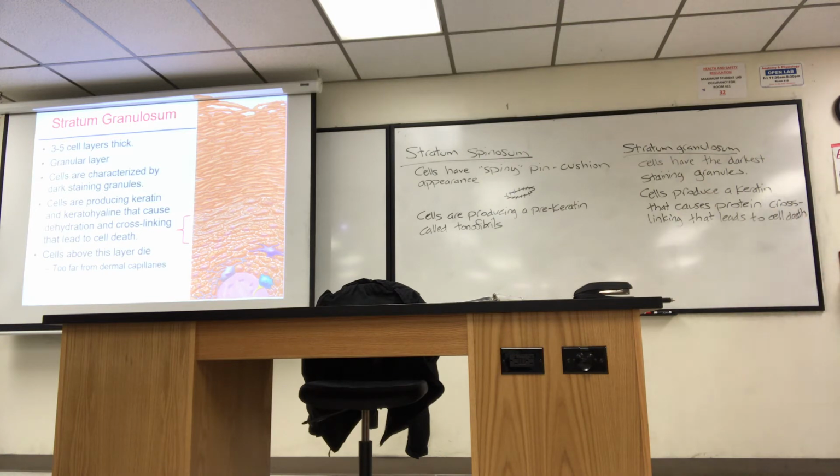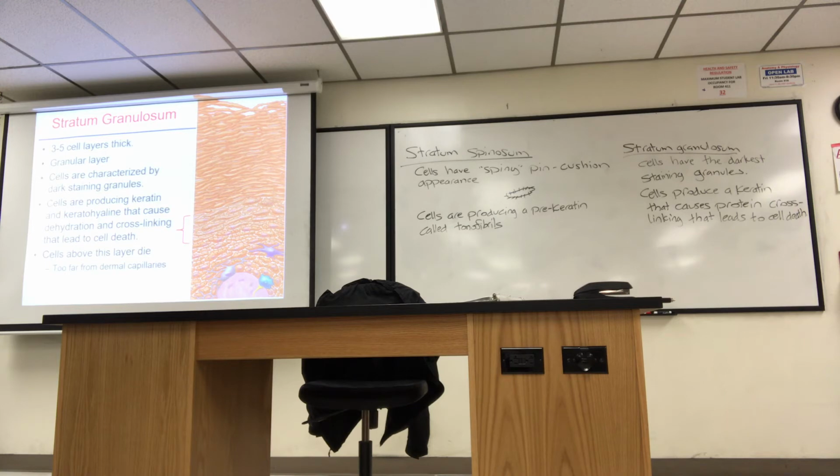They're just going to be rubbed off to protect against abrasion anyway. So that's why I say in the slide that the cells above this layer are going to die. And also, they're too far away from the dermal capillaries. Nourishment is by diffusion, so the further up you go, the diffusion isn't going to happen as well, and cells will die. And this is kind of at the precipice of cells dying.